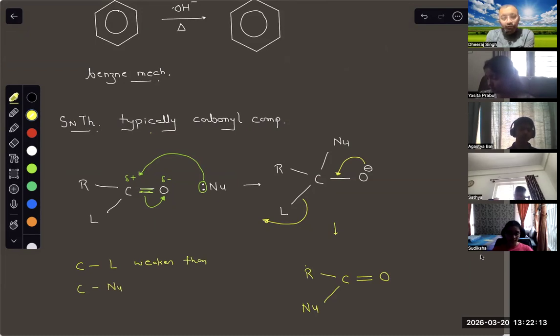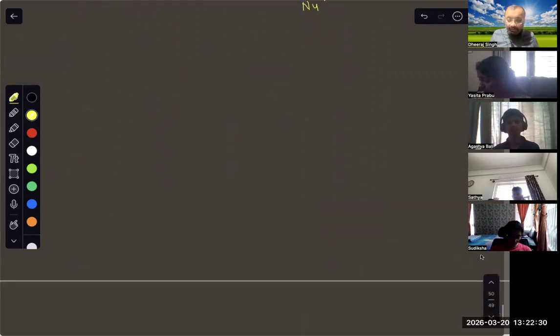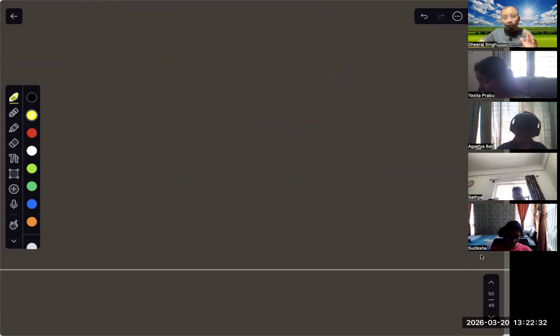So this is the summary of what we have done in the last 2 sessions. Today we'll talk about the elimination reactions. This is all substitution. Of course, there are maybe some finer details here and there, but more or less we are done with substitution.